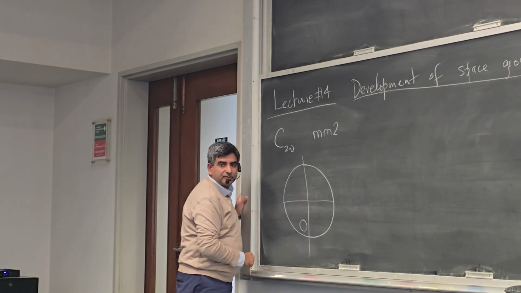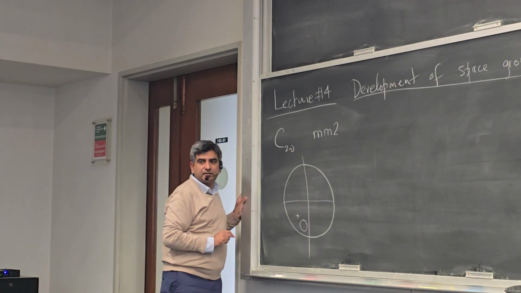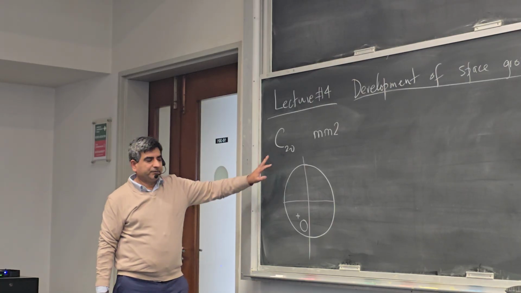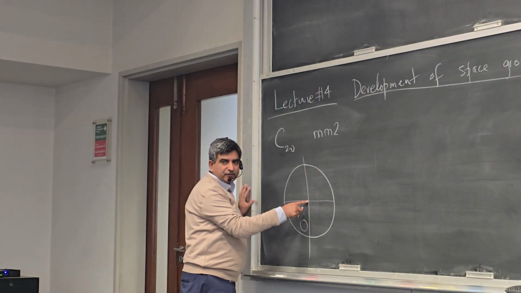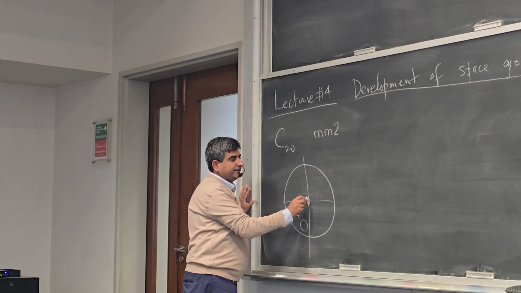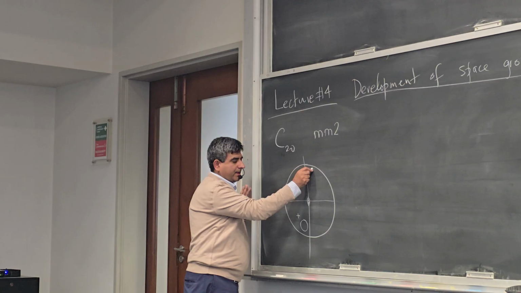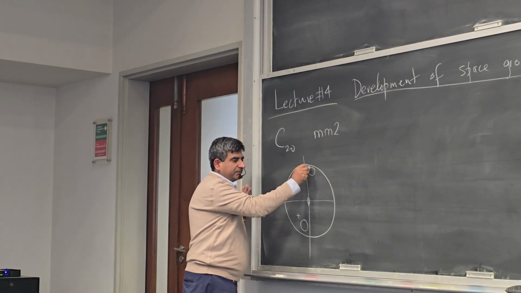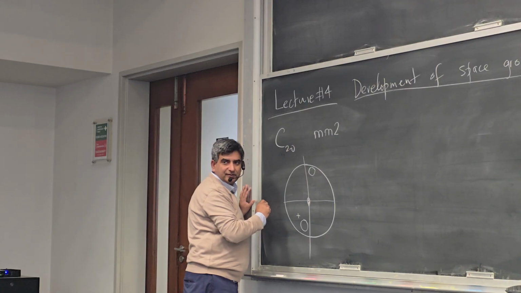This is above the plane. First of all, I can draw C2. C2 is a 2-fold axis of rotation over here. It gives me a point over here. Correct?